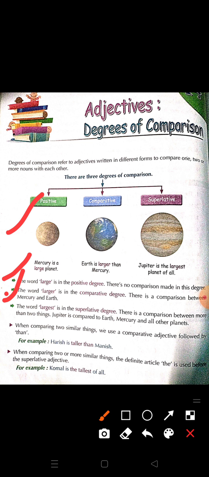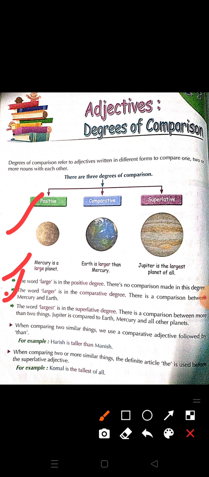There is a comparison between more than two things. Jupiter is compared to Earth, Mercury, and all other planets. So, in the last one, the superlative degree, we use it to compare with all, or more than two objects. When we are comparing with more than two nouns, then it is the superlative degree.